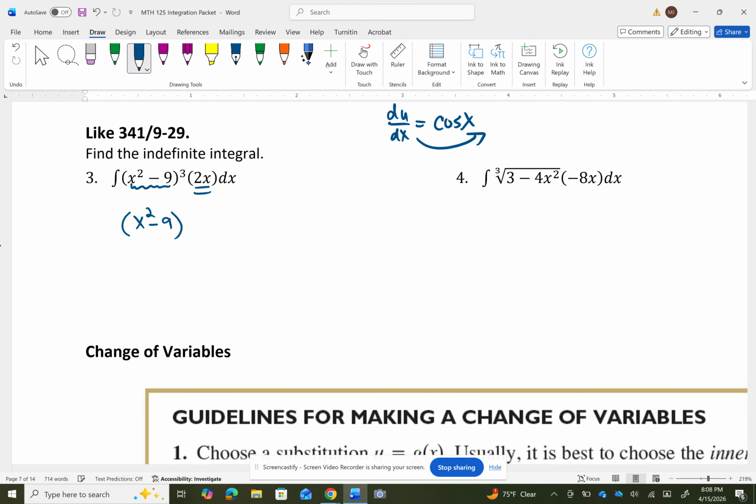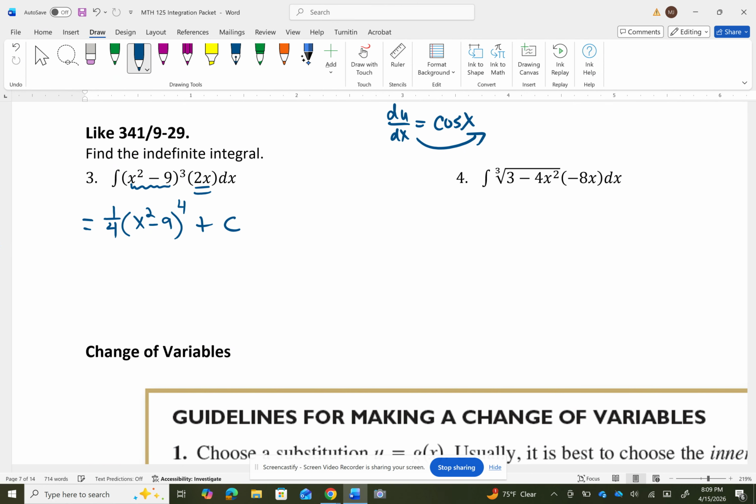And if I want the exponent to be a 3, it had to come from a 4. But that 4 would have gotten brought down, and I need it to cancel out. So I'm going to put a 1/4 out in front to make that happen. But then I would need the derivative of the inside part, which would be where that 2x came from. So this is actually it, and I'm done.